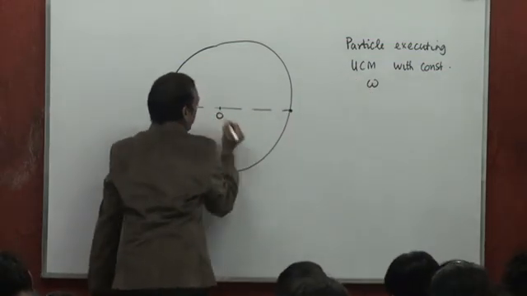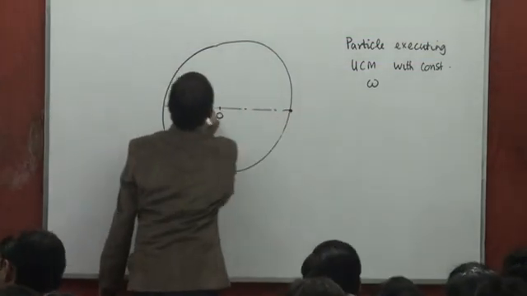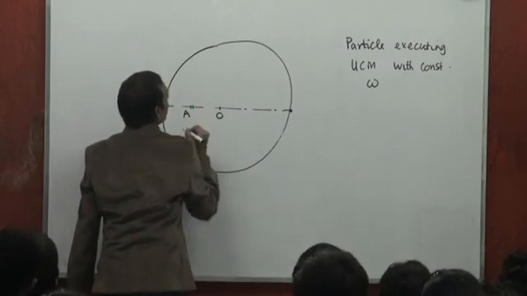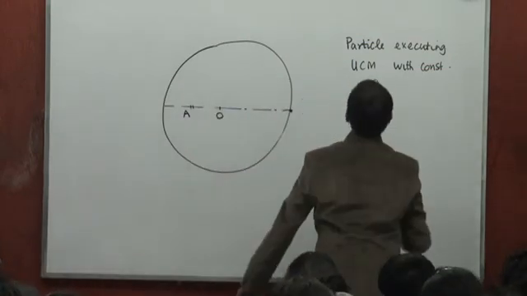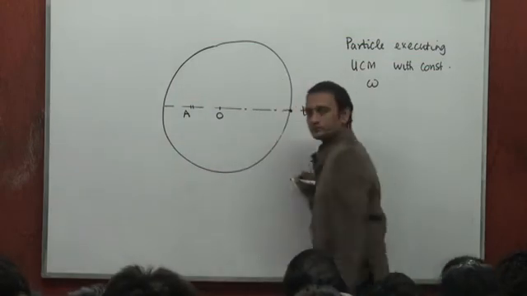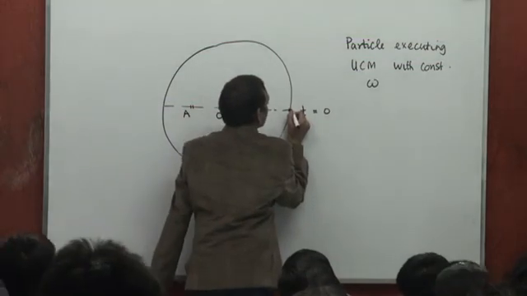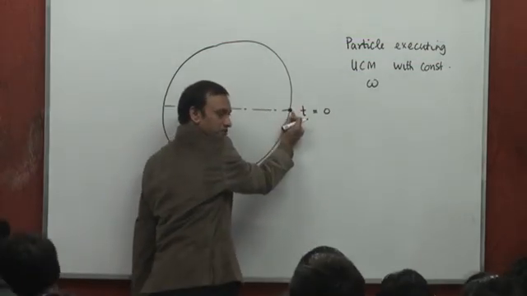And O is the center of the circle, and let's say A is the radius of the circle. At time t equal to 0, the particle is here.